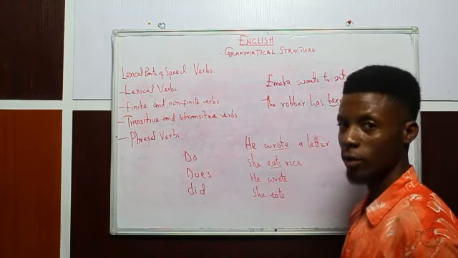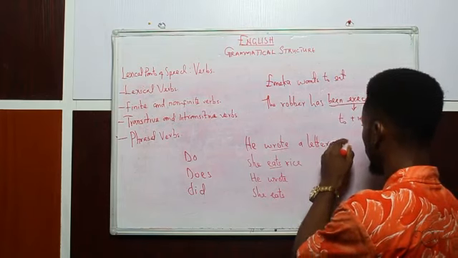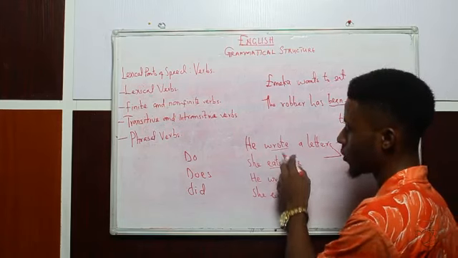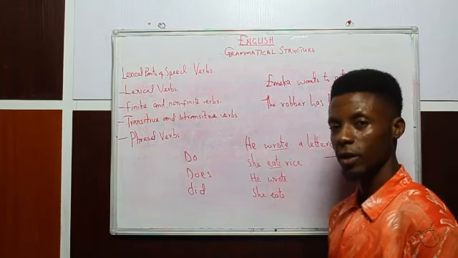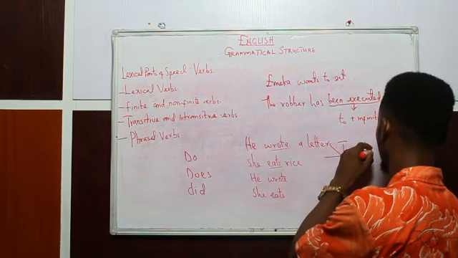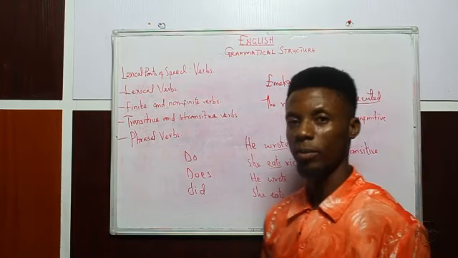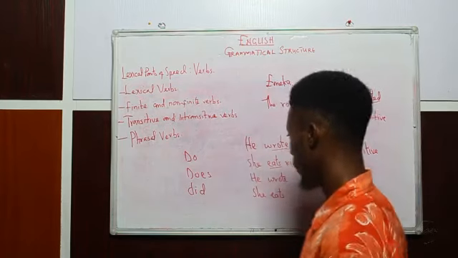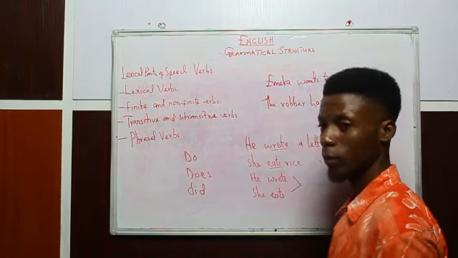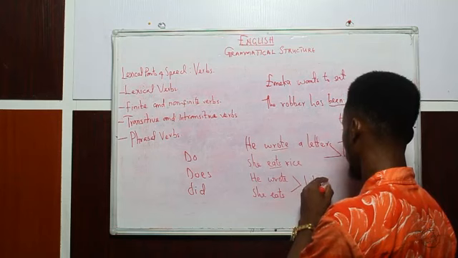Rice is the object of the verb, which makes the two verbs in the two sentences transitive verbs, because they have direct objects following them. However, the other two examples do not carry objects following them, which makes them intransitive verbs.